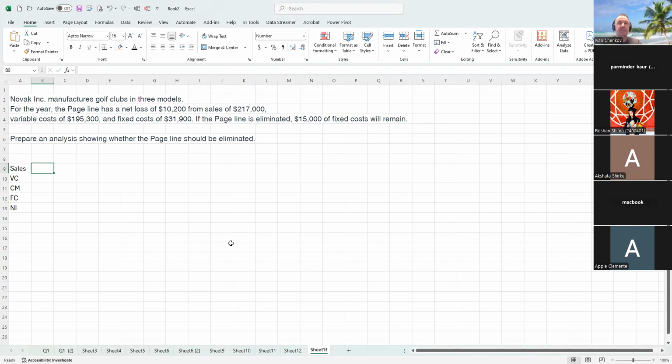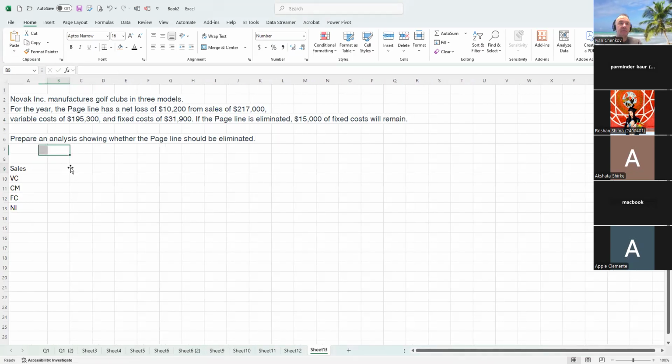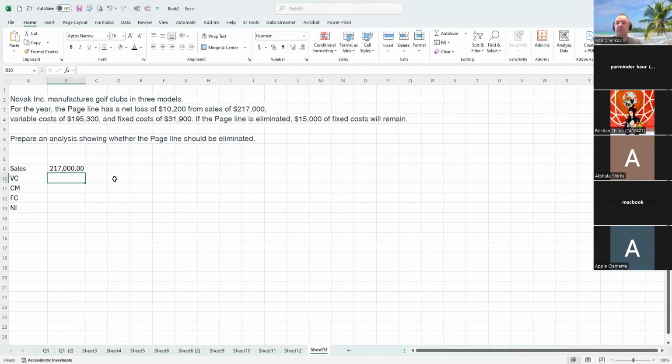How much are my sales? 217,000. Variable cost is 195,300. How much is my contribution margin? This one minus that one, 21,700.